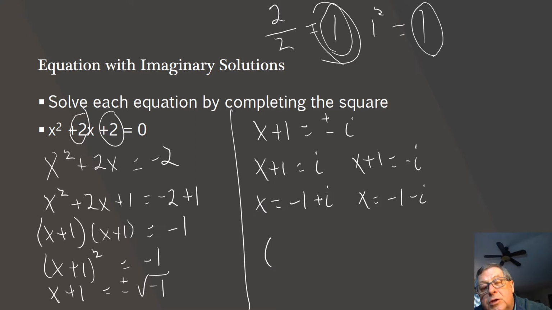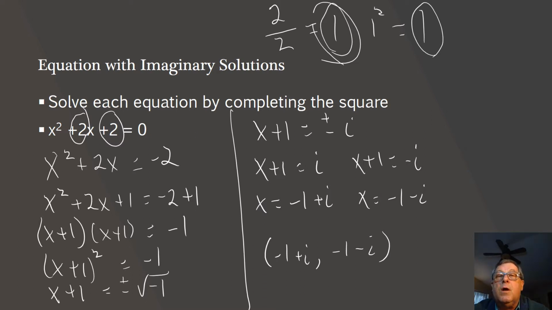And so our two solutions are negative 1 plus i, comma, negative 1 minus i. So we have two complex roots. We have no real roots. If we graph it, we'll find we do not cross the x-axis. We do not have any real roots, but we do have complex roots or imaginary roots, because guess what? We've been to imaginary land.